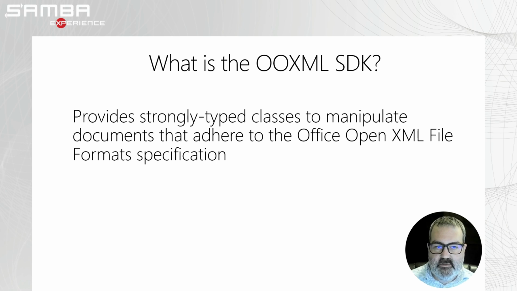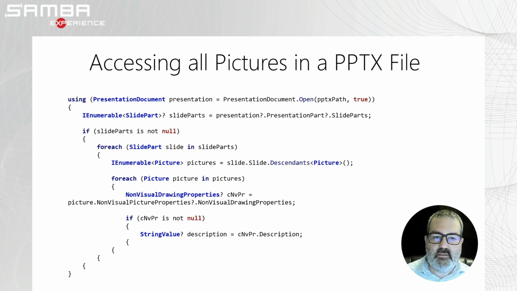So, what do I mean by that? Well, let's take, for example, accessing the description property like we did in the previous slides by working directly with the XML. Using the SDK, we can use strongly typed classes for XML parts and elements, giving us validation and IntelliSense.